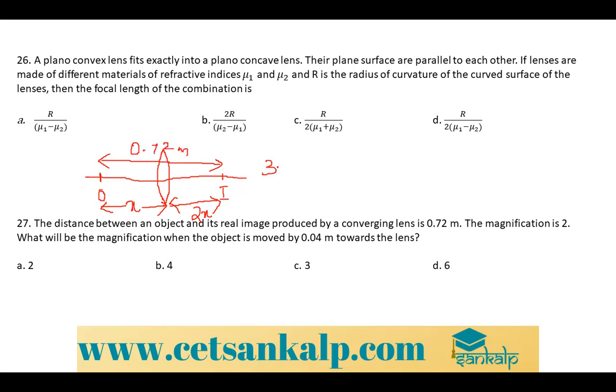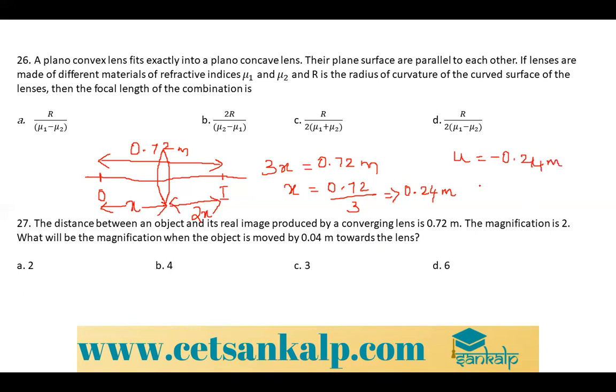So I can write it as 3x is equal to 0.72 meter. x is equal to 0.72 divided by 3. 0.72 divided by 3 is 0.24 meter. x is 0.24 meter. So you can say that the position u is equal to minus 0.24 meter.